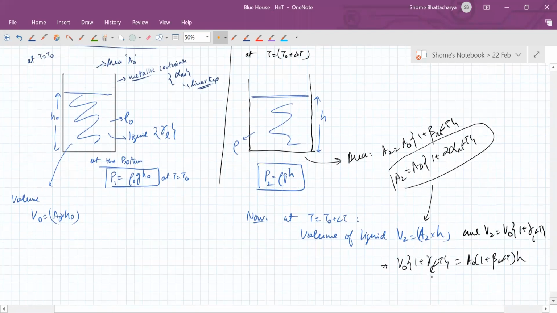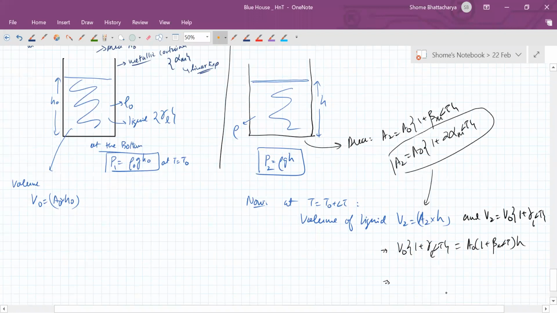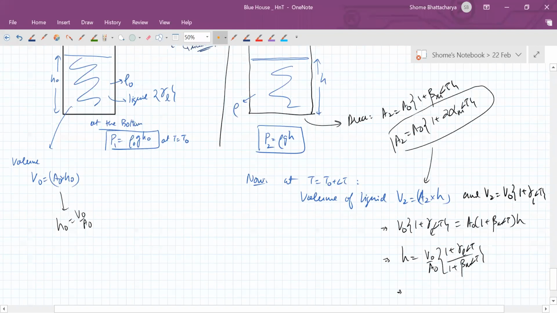It is V naught by A naught into this kind of factor, 1 plus gamma of liquid upon 1 plus beta of metal into delta T. Whereas you can see from here that H naught was equal to V naught by A naught. So the new height has become the original height into 1 plus gamma of liquid into delta T upon 1 plus beta of metal into delta T. So just note down up to this step first.